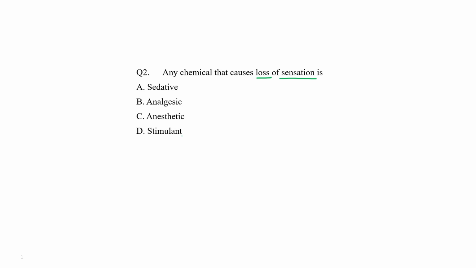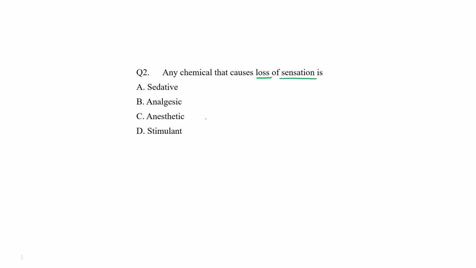A stimulant stimulates that particular kind of function, so this is not the correct one. Analgesic is used for reducing pain, right? Anesthetic, again, an anesthetic drug is used just pre-operation, so that the patient will not feel any kind of pain.